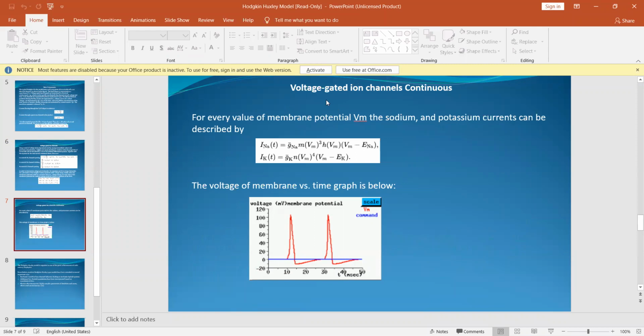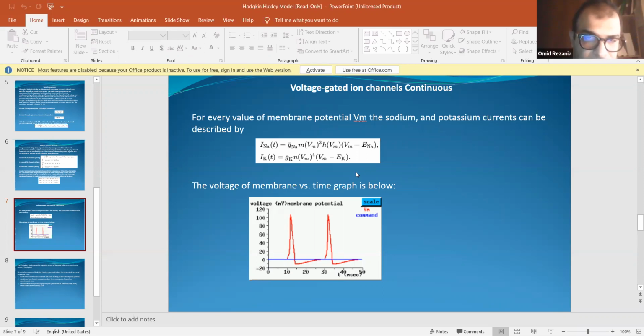So for every value of membrane potential Vm, the sodium and the potassium current can be described by the following equations. That's right. And the voltage of the membrane, we show the time graph is this graph.